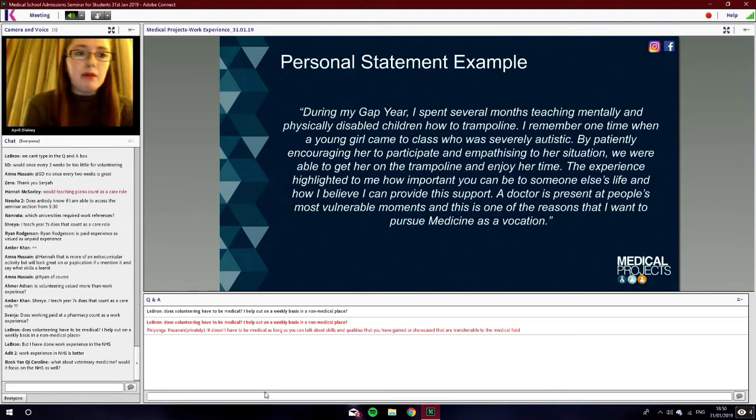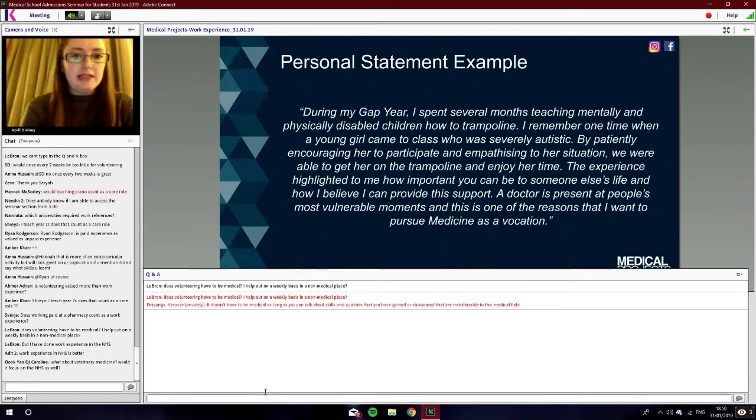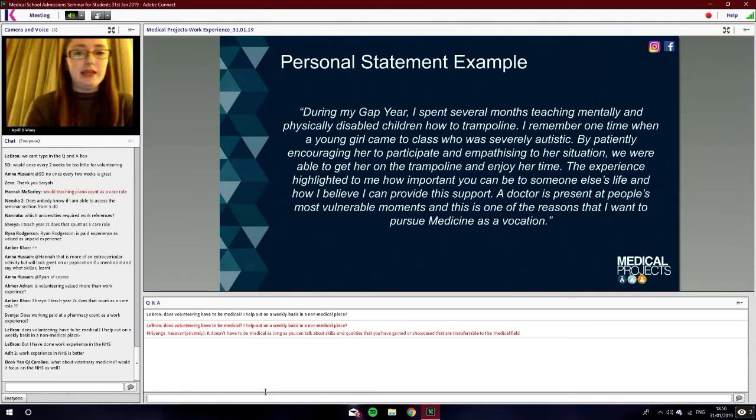Okay, this is just an example. You can have a read through yourselves. This is just something collated together. What I've tried to highlight is that all it says is during my gap year. That's it. There's no specific time and date. Then you can say several months. So it just shows that extended commitment to medicine, and that's it.